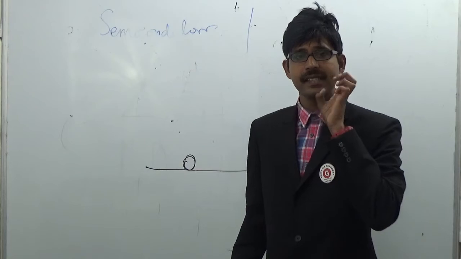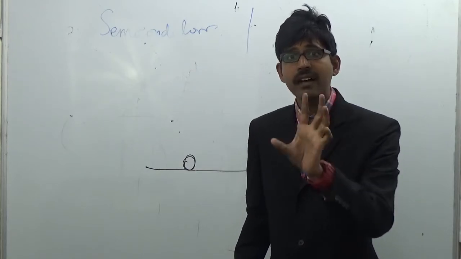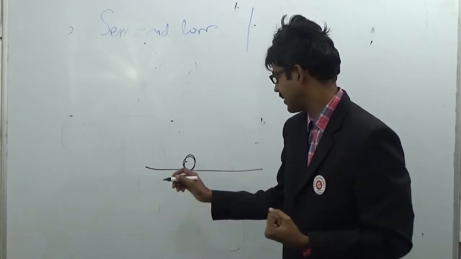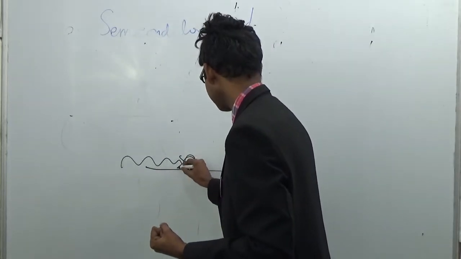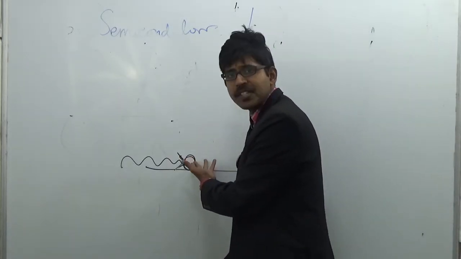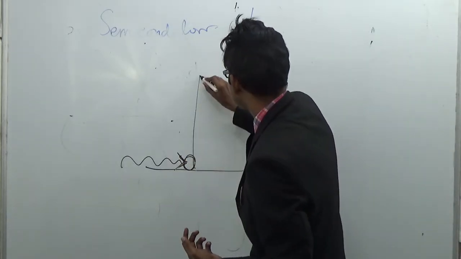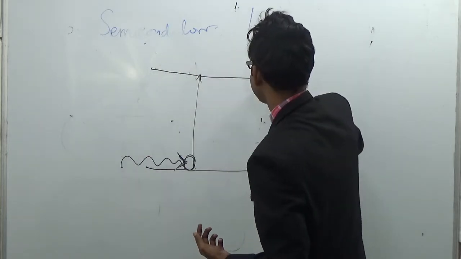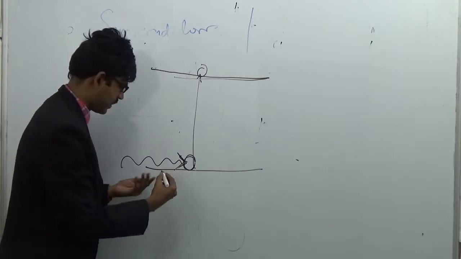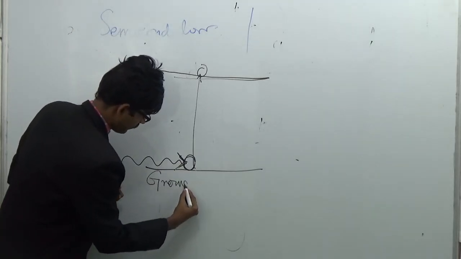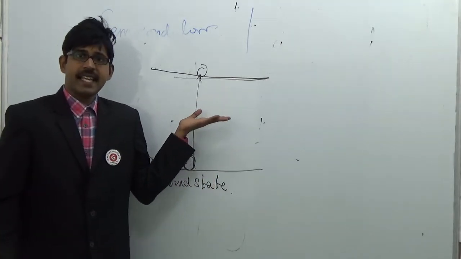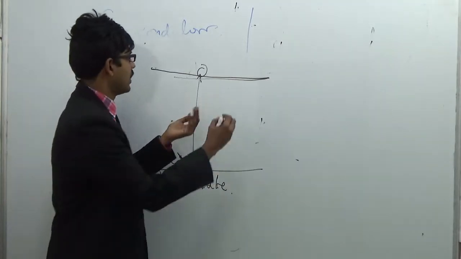When energy is absorbed by this atom, you are introducing energy, and this energy is absorbed by this atom. When absorption takes place, the atom is taken to the excited level. So the initial state is called the ground state, and the secondary state is called the excited state.